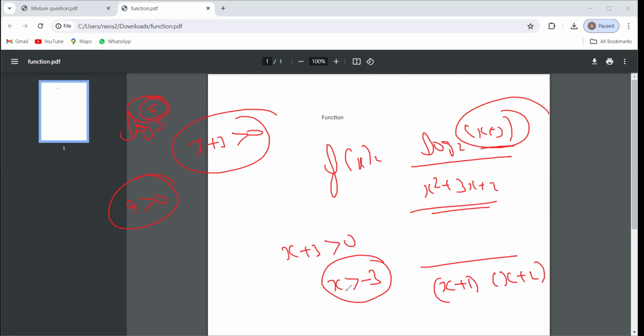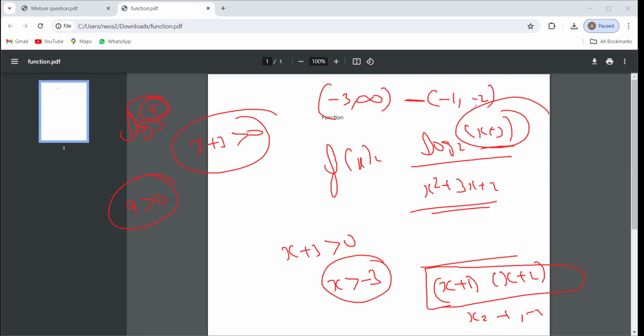And from the denominator, x cannot be -1 and -2. So x is greater than -3, but it cannot be -1 and -2. How do you write it? You write it as -3 to infinity, excluding -1 and -2.